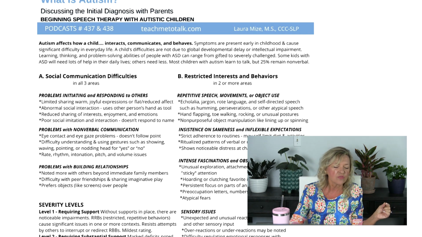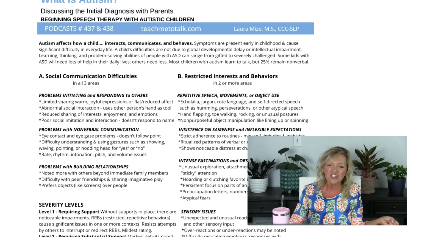The next one is reduced sharing of interest, enjoyment, and emotions. These would be when kids look like they're doing their own thing. It's super hard to get their attention. This is why they don't always respond to their own names, because they've got that reduced sharing or reduced reciprocity.